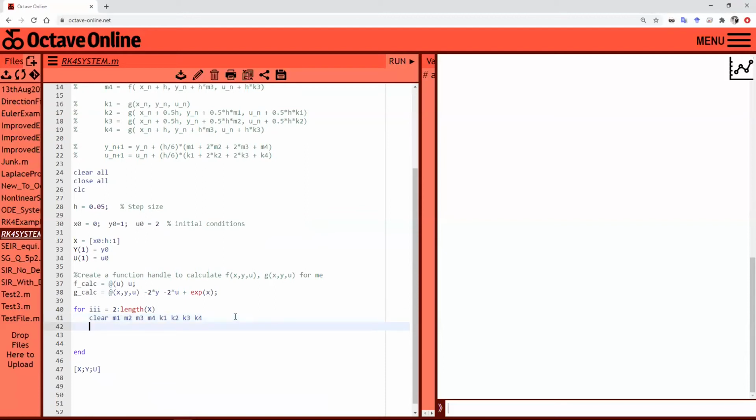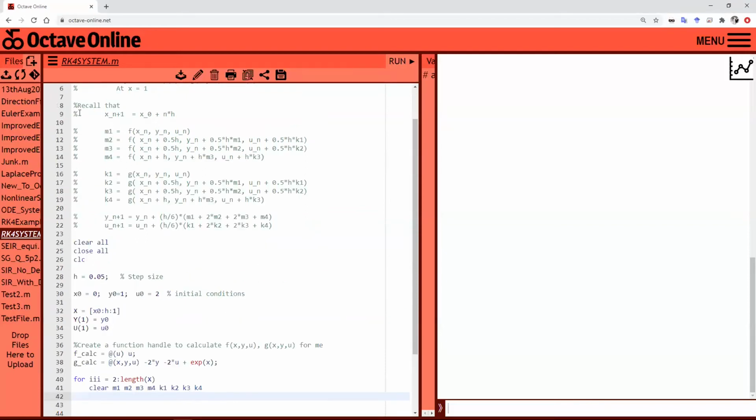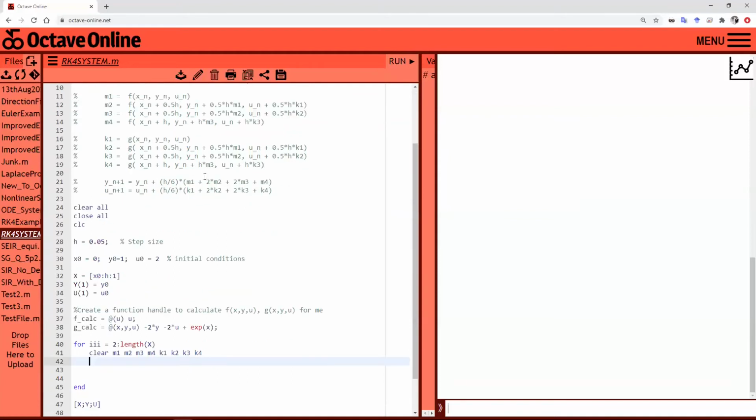Now I need to calculate these things. M1 and K1 we can calculate without anything else. M1 is equal to fcalc evaluated at u at the previous step, so u at the point i minus 1.